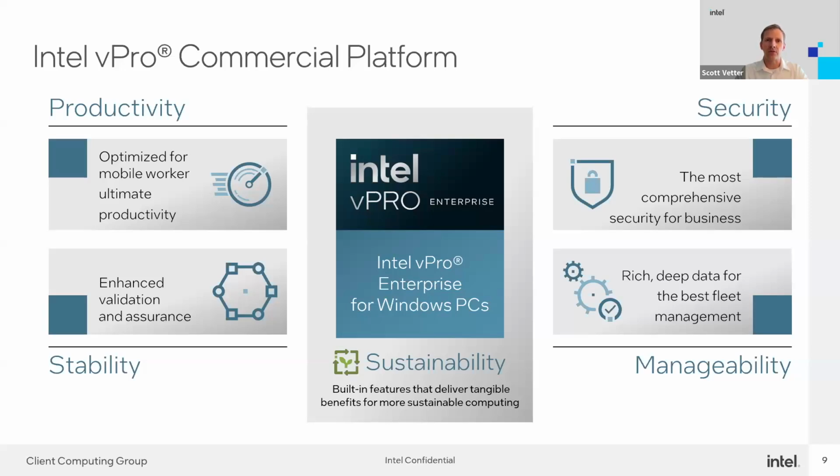It's based around four different pillars: productivity, security, stability, and manageability, with a fifth one that is rapidly becoming more popular, sustainability. This takes advantage of feature sets that have been within Intel vPro for a number of years, and we added a couple additional IPs on top of that.